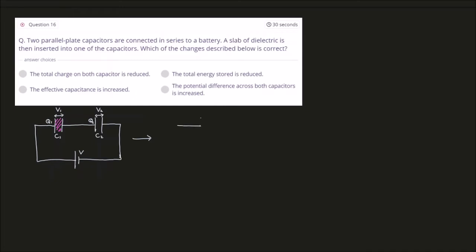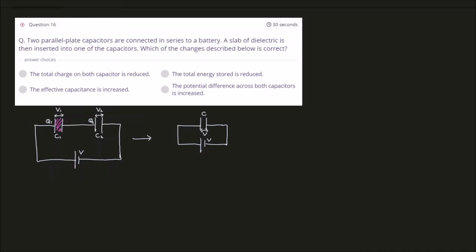Okay, so we want to convert it into a single capacitor, something like this. We just call this C itself, and of course the V over here will be equal to the power supply, because there's only one battery, and this battery is only connected to one component, which is the capacitor.